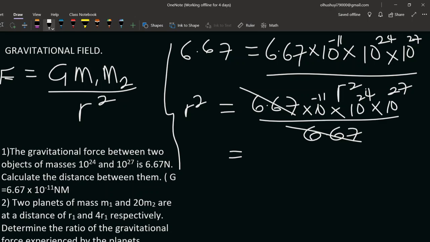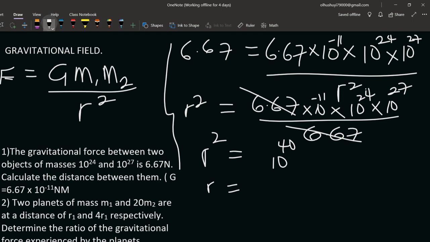Then by law of indices, 10 raised to the power 27 plus 24, subtract 11 from it, you have 40. So you have everything 10 raised to the power of 40. That's r squared. So r is the square root of this, or let me rewrite it this way, it's much easier to understand.